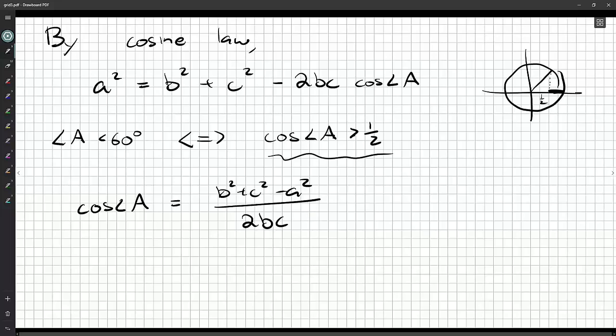I'm not sure. I do know cos of angle A is always less than or equal to 1. Can that build up an inequality for me? Because then 2bc is greater than or equal to b squared plus c squared minus a squared.